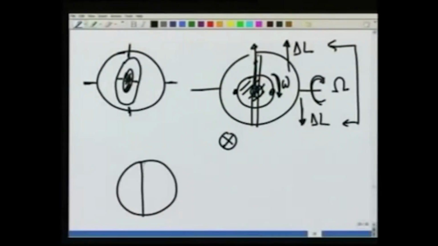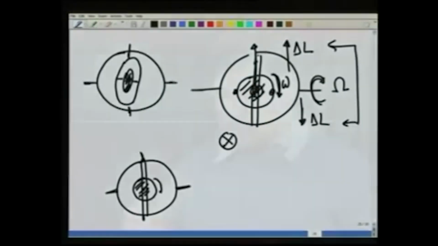Having qualitatively understood this, that is, if we have these frames, this can rotate freely about this, this can rotate freely about this, and this can rotate like this. Why does this spin align with the outer spin? Let us try to make it quantitative.